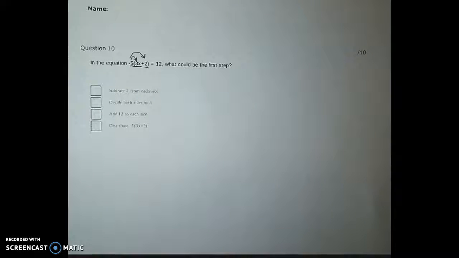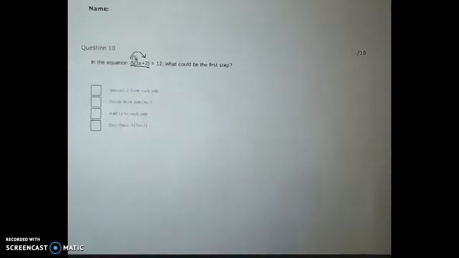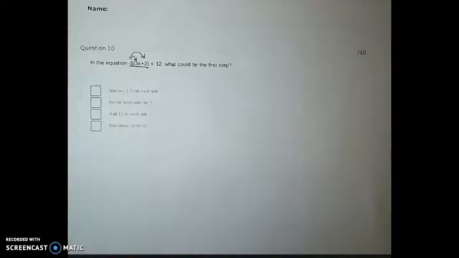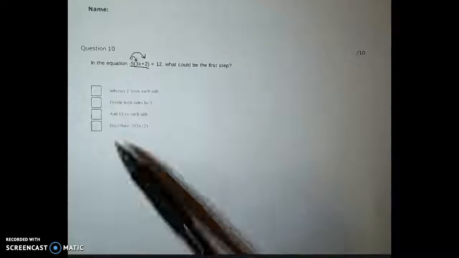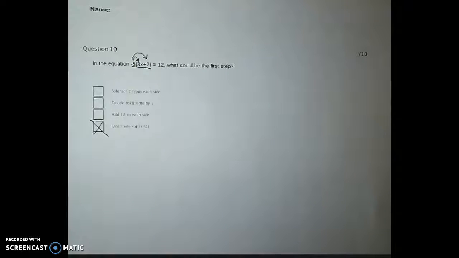So our first step is not that we subtract 2, because we can't get rid of that. That's in parentheses. I can't divide both sides by 3 because I still have to simplify the left side first. I don't want to add 12 because that's already by itself. So my answer is going to be that I distribute -5 times (3x plus 2) because, like I said, we want to simplify first before we solve our equation.